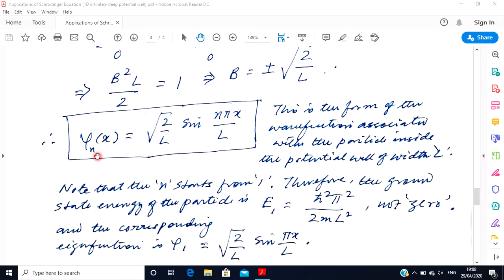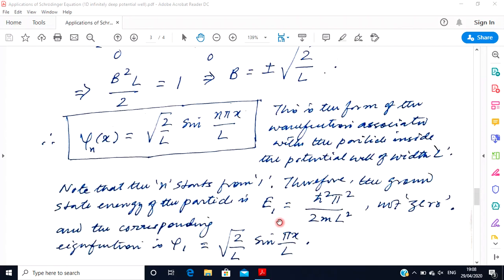So as it starts from 1, the ground state for the particle which is confined inside this infinitely deep potential well will be E1. You have to remember that the ground state or the zeroth state energy is not actually 0.